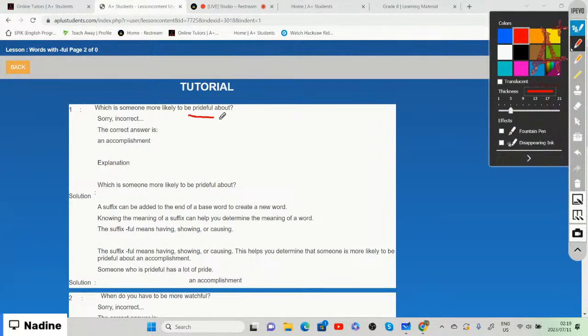So, basically, someone is more likely to be prideful about an accomplishment. So if you accomplish all the things that you have set out for yourself, whether it is goals, right, that is an accomplishment, right? So it means that someone who is prideful has a lot of pride, right? And that is in a good way.